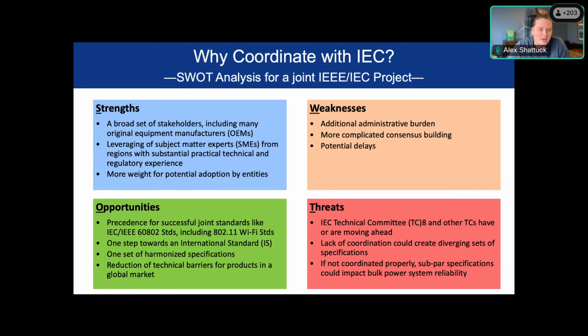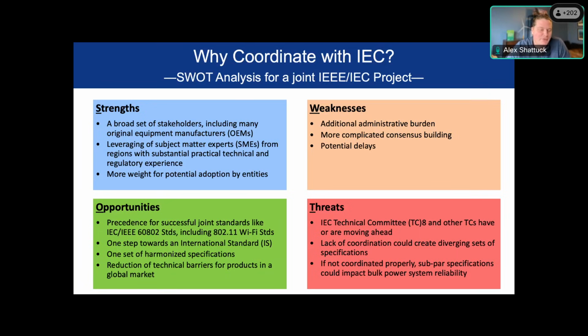You don't get any benefit from the standard until it's actually adopted by potential entities and shaped into actual requirements. So what having a joint IEC IEEE standard does is give a little more weight for potential adoption by entities.